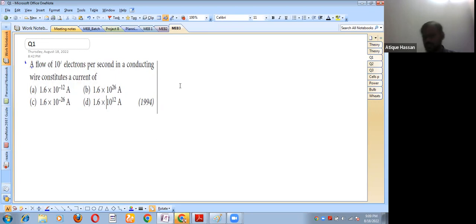The question says that a flow of 10 to the power 7 electrons per second in a conducting wire constitutes a current. So per second, there is a flow of 10 to the power 7 electrons.